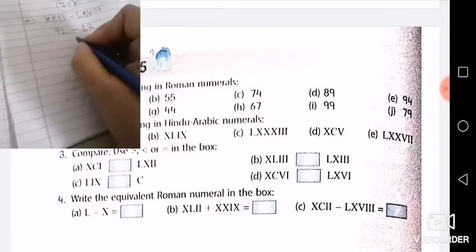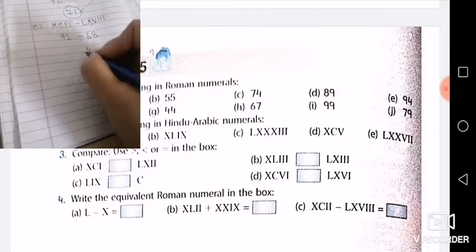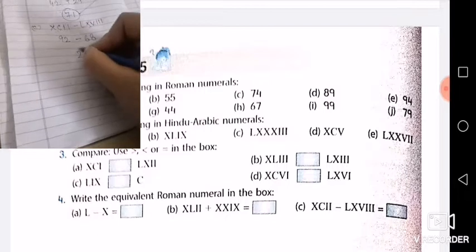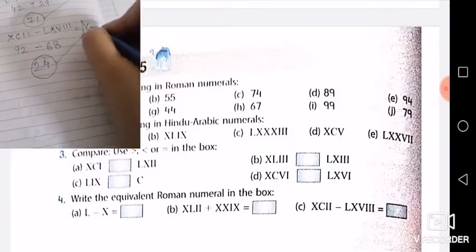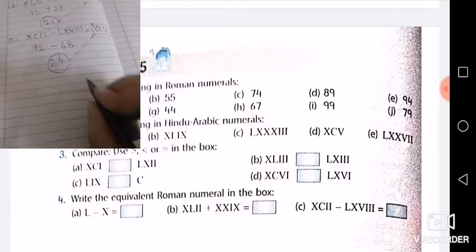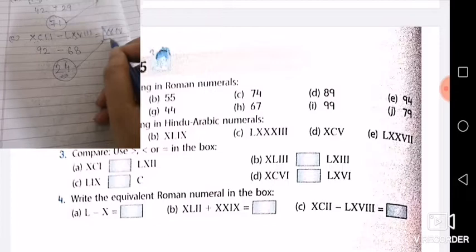Do the subtraction. 12 minus 8, 4. 8 minus 6, 2. 24. For 24, how will you write the Roman numeral? Yes, XX, 20, then 4 is IV. You have to find out the number first and then you have to write the Roman numeral for that number.